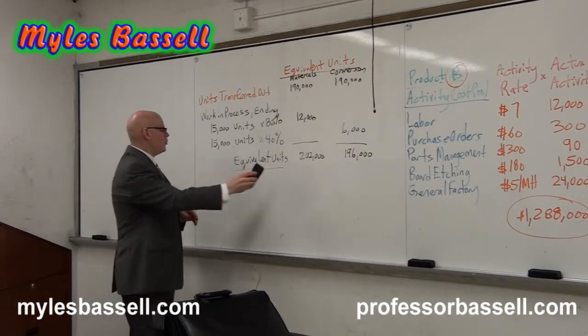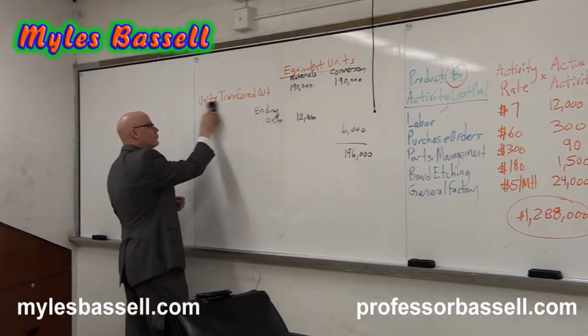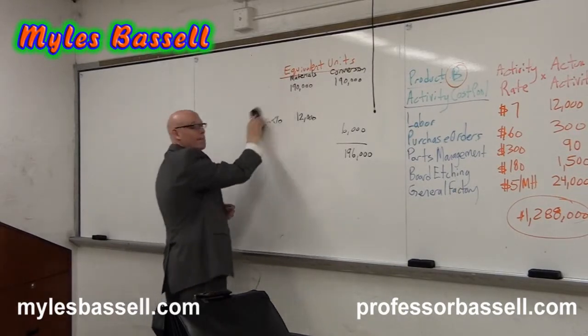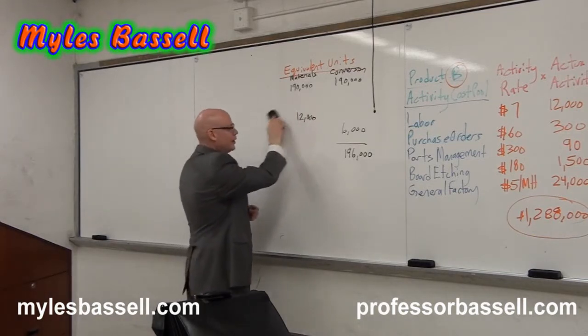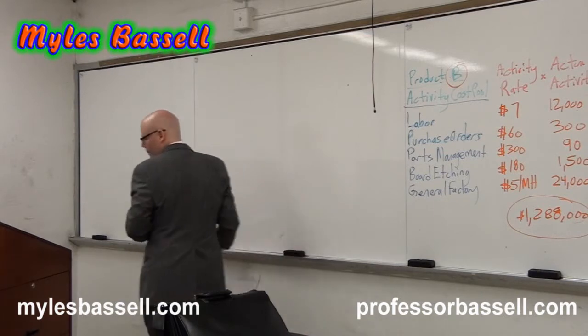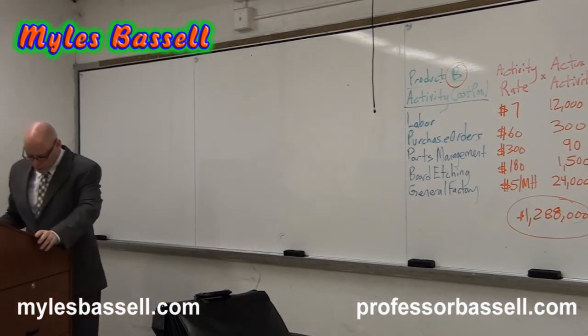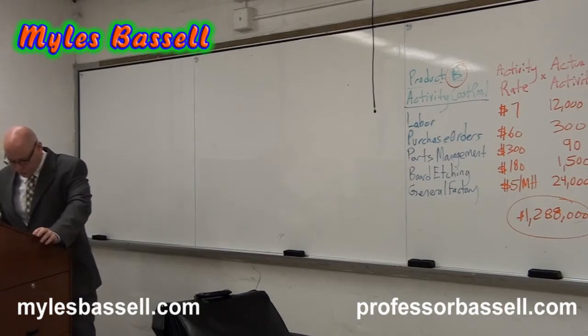All right, so who could tell us what's the information that we have? Working process. Yeah, Elena? So we have working process for the 1st of May in terms of material, labor, and overhead. And then we have cost added during May. And then we have the equivalent units of production. And then you figure out the cost per equivalent unit.